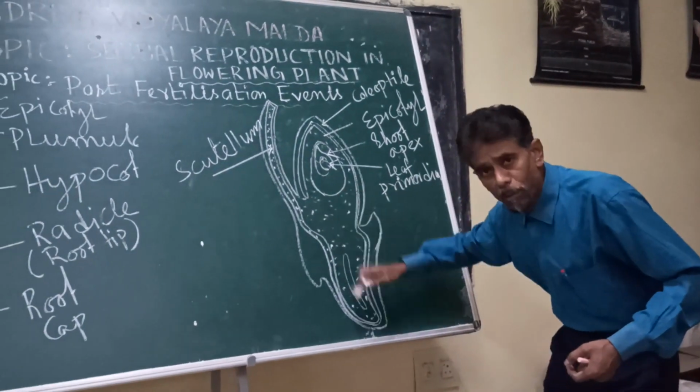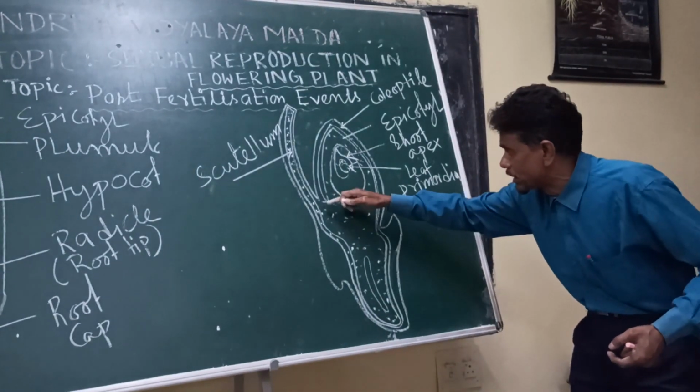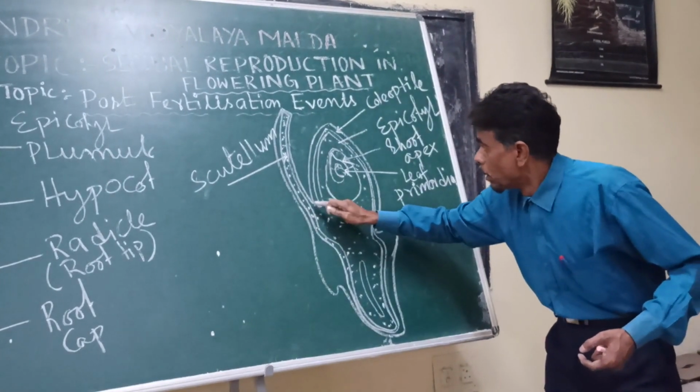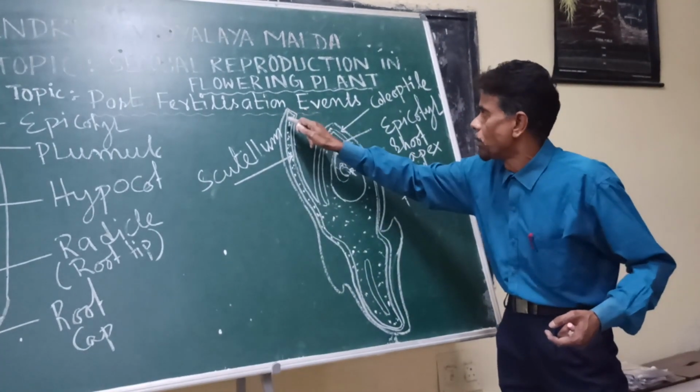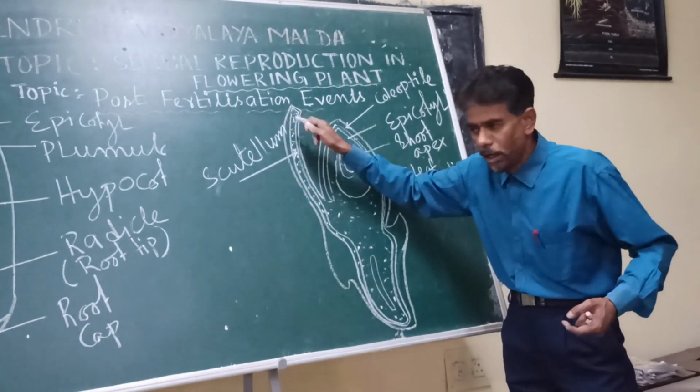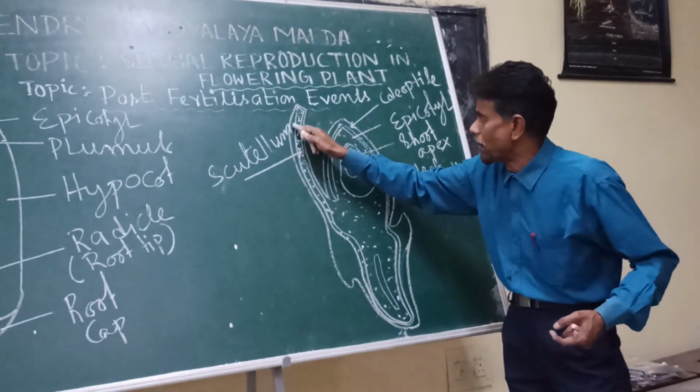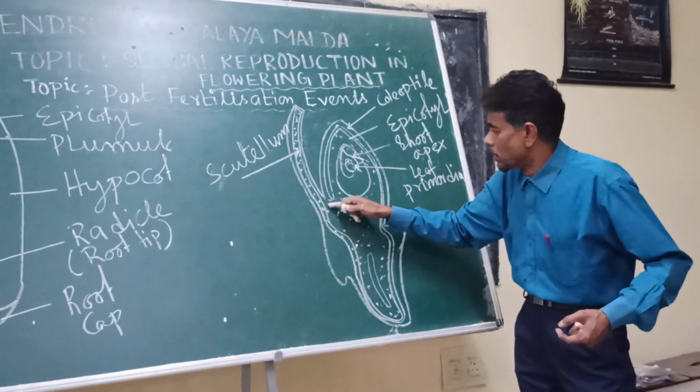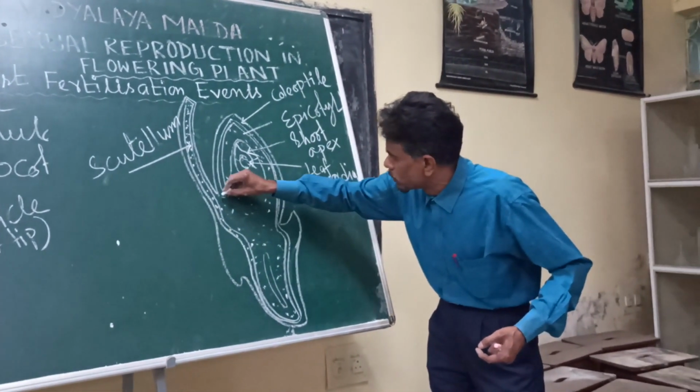The portion of the embryonal axis below the attachment of the cotyledon. This is the cotyledon covered by the scutellum.